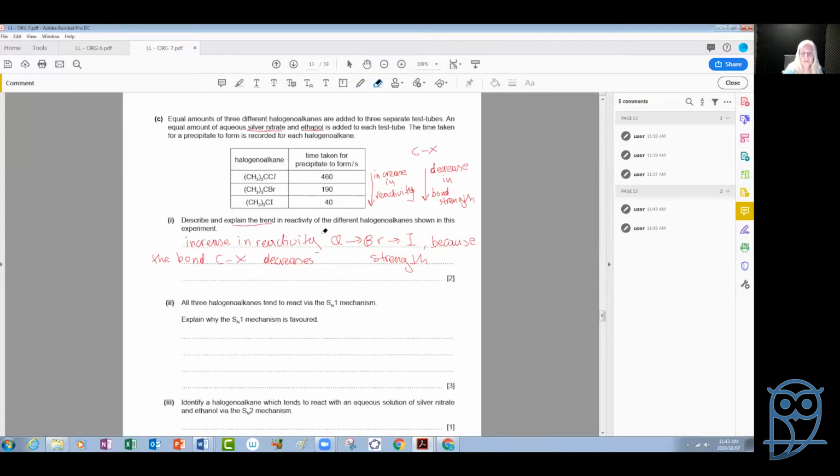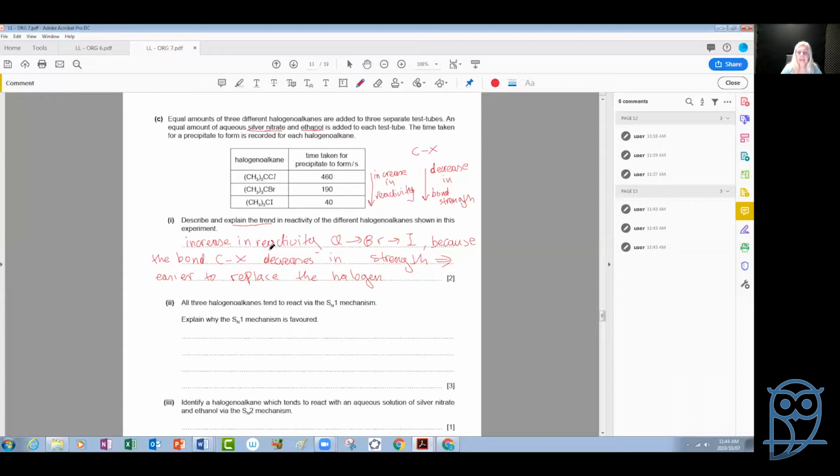Because the bond between carbon and the halogen decreases in strength, it is easier to replace the halogen. So this gives an explanation of this trend that we see in the table.